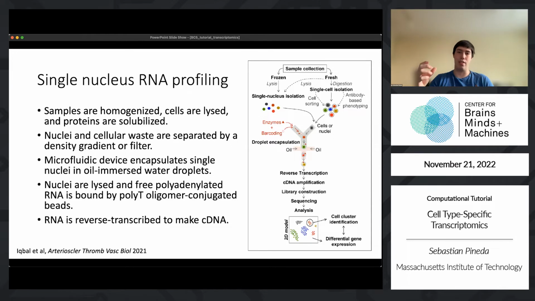Sorry, I should mention that the poly-T oligos are also barcoded, so that you know that they all came from the same cell. And then once they're barcoded and reverse transcribed, you can pop all the little droplets, mix them together, and then you can just do a standard sequencing library construction, and you now have these barcoded single nucleus profiles.